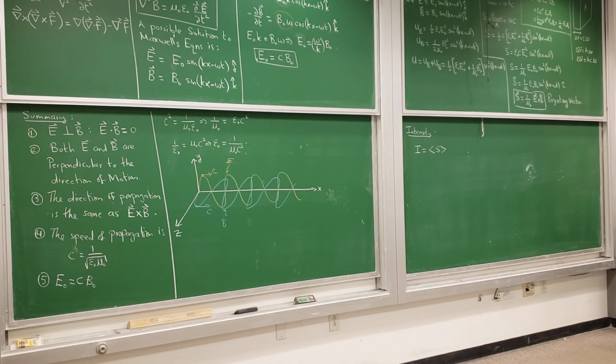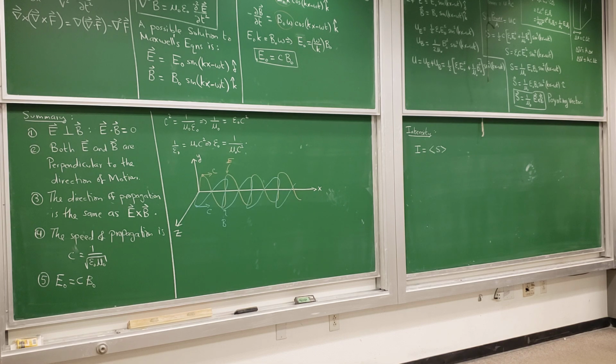So let me ask you, would the average of sine squared be more, less, or equal to the average of cosine squared? Equal. Good. What is sine squared plus cosine squared? 1. Well, each of them would be a half of that. So the average of sine squared is a half.